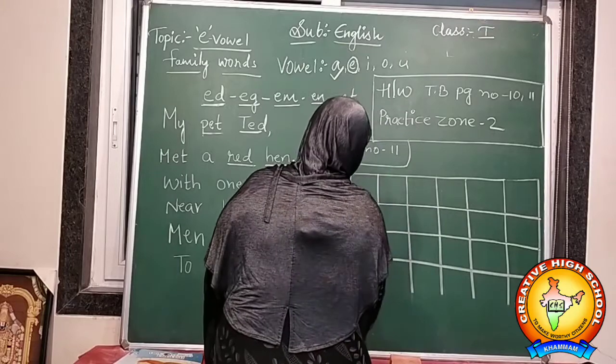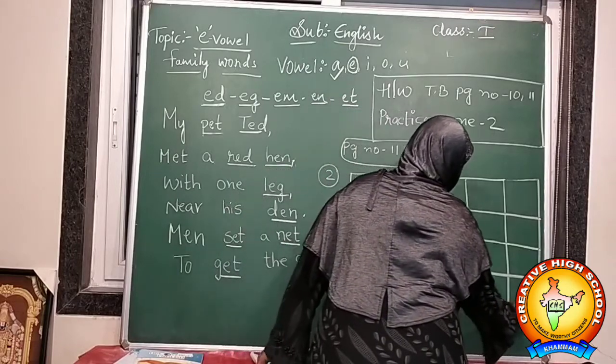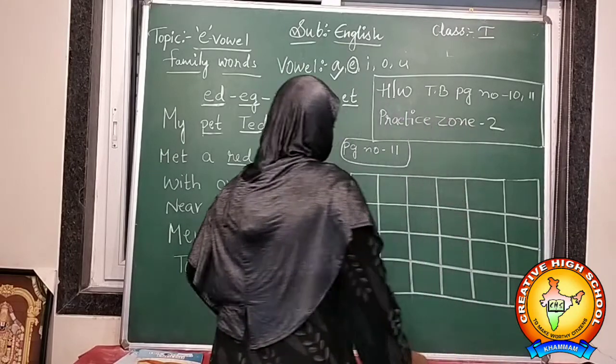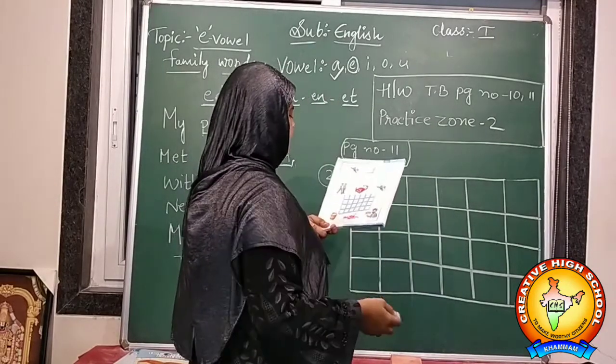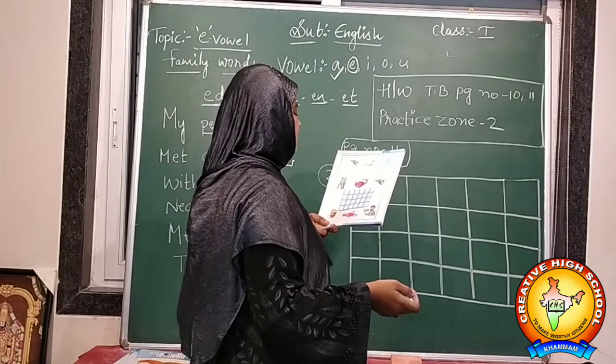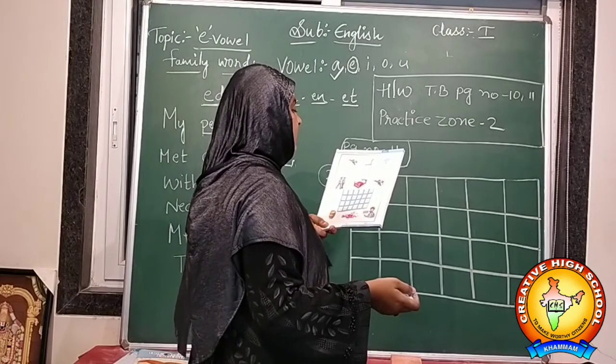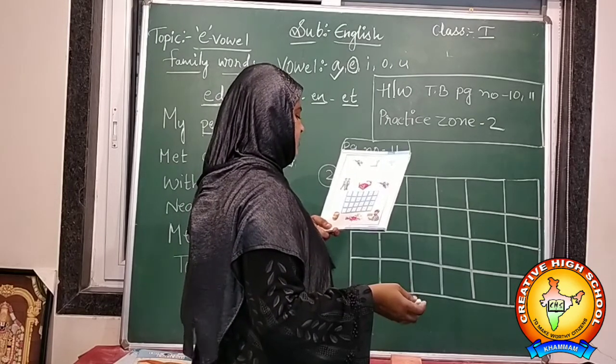Got it, everybody? Can you see it? So you can see in page number 11, second Roman. That is, circle the words with the vowel sound E in the word search.